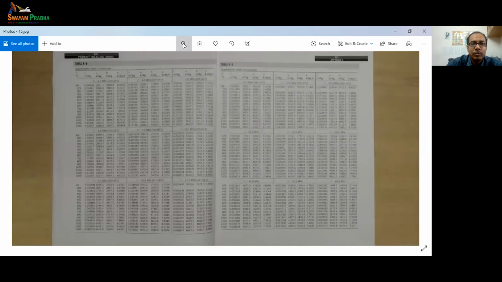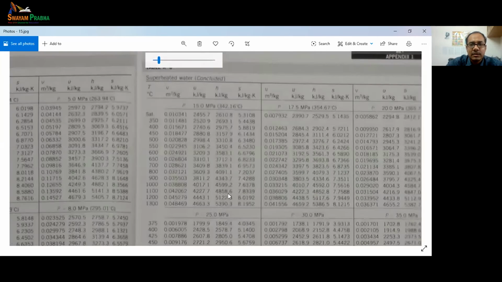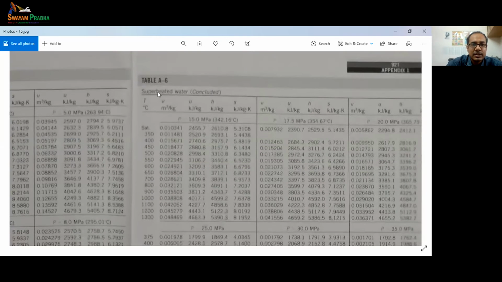We go back to the superheated steam table. This is the superheated water table, and this is the subset of the table corresponding to the 15 MPa value. Pressure is 15 megapascal and the temperature is 350 degrees centigrade.